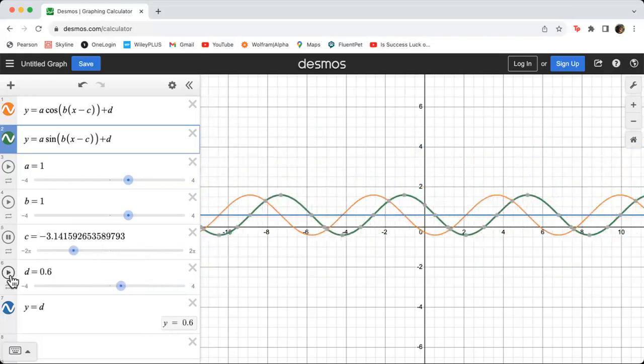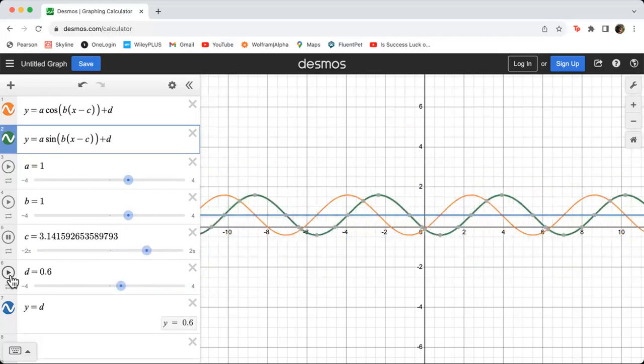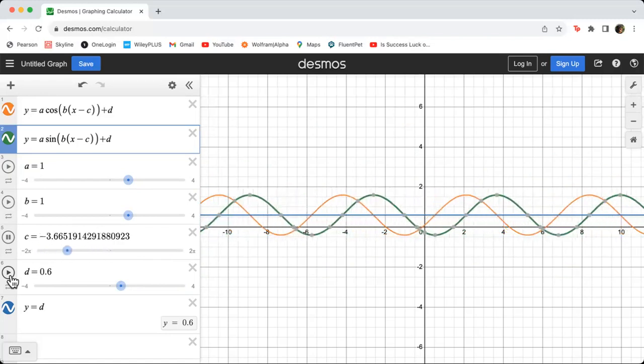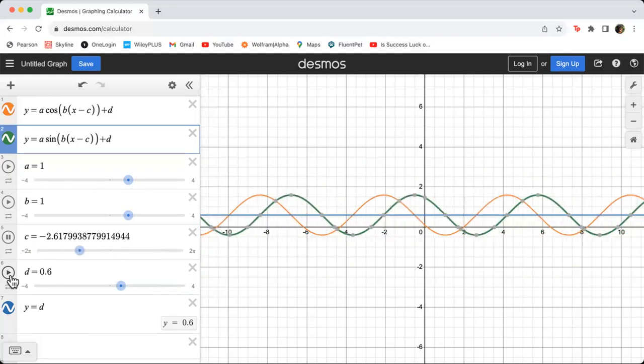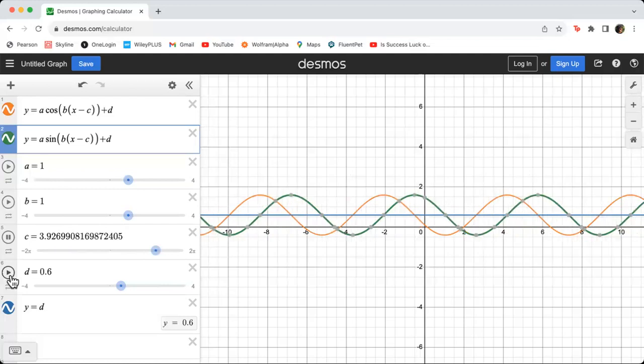If I stop D, it affects the middle, we know that. What's happening is we can see the graph going side to side. Amplitude didn't change, period didn't change. It's like the starting point. The way that we want to think about it is that the starting point is changing from 0 to somewhere else.